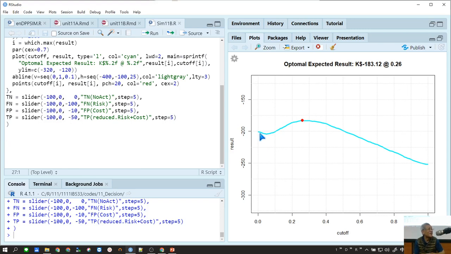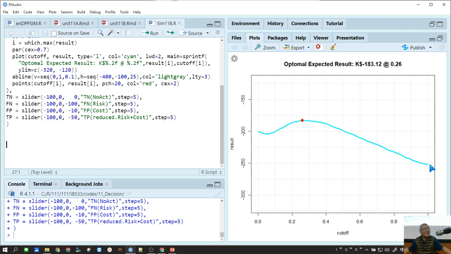You get the point? Everyone get the point? So if I do not take action, if I set the threshold at this point, I end up taking no action on anyone, because I only take action on those who have a probability higher than the threshold. If I set the threshold at 1, I take action on no one, which means I build a model, I do a prediction, I do a lot of calculation, but I do nothing.